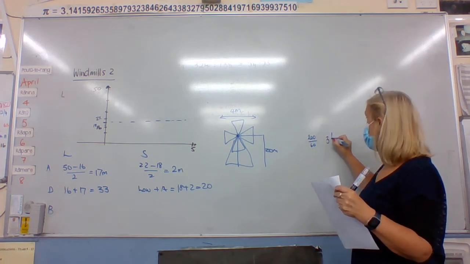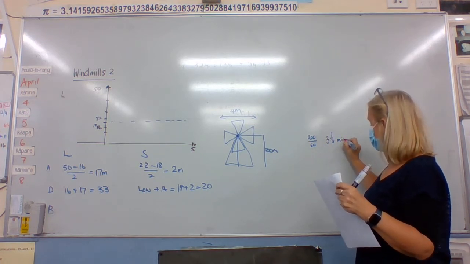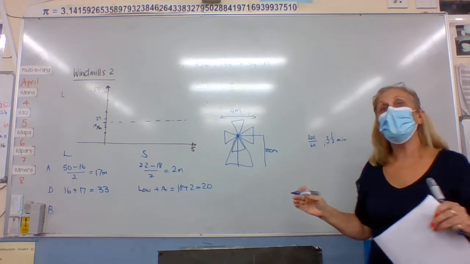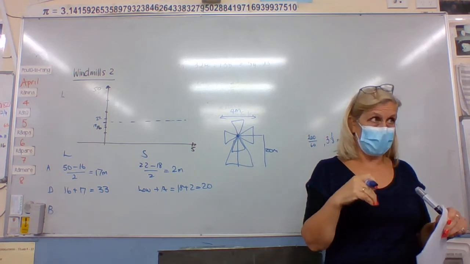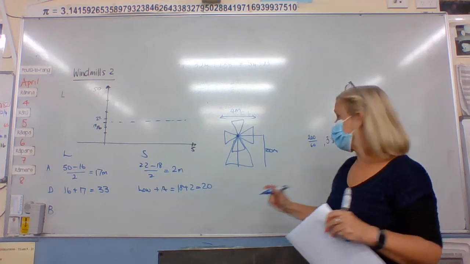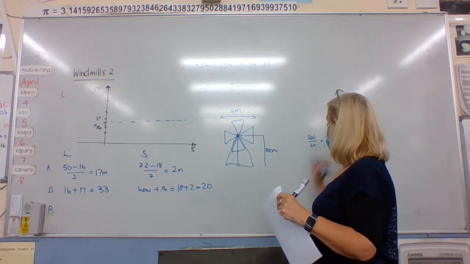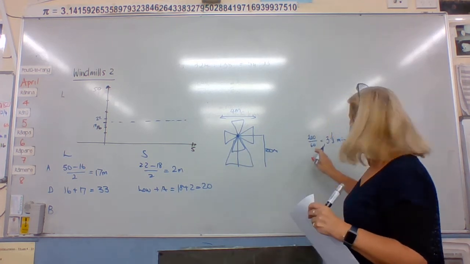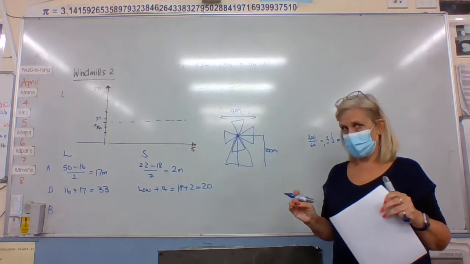So 3 1/3 minutes. Now you could do frequency in seconds, or you could do it in minutes. I've chosen to write 5 there, so I'm doing it in minutes. So 5 revolutions in 3 1/3 minutes.